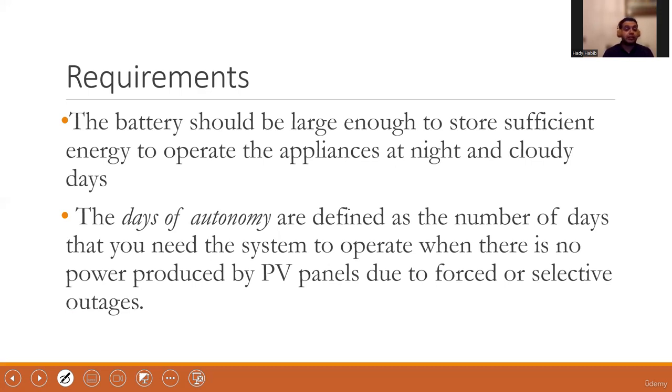Those days are called days of autonomy, and somehow they are continuous days. For example, 2 or 3 days of very weak sun you are going to have in your site in deep winter, as we see in January and February in some countries.